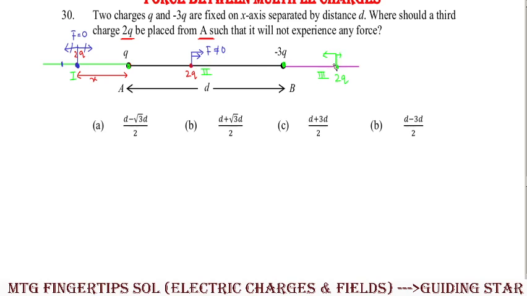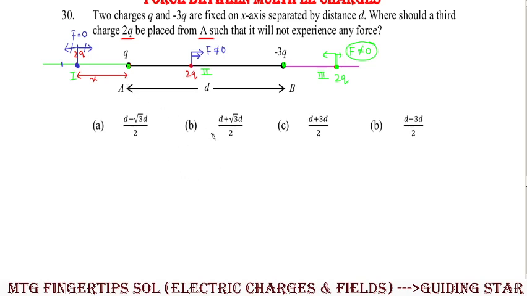Clear. It is very far away, so the attractive force of the negative charge will dominate, clear, it will dominate the repulsive force, whose value will be a little smaller. That means here also there will not be any case or any location where we will get the net force to be 0. So that means in this particular case we must remember that the charge has to be placed to the left of the plus q charge, clear.